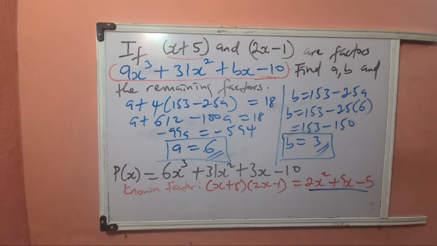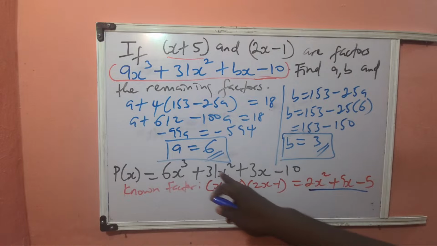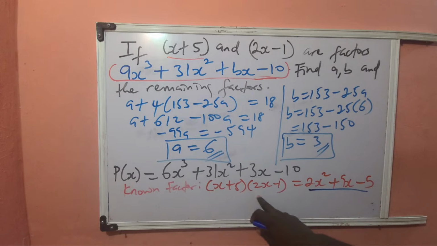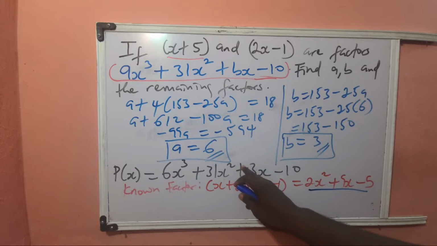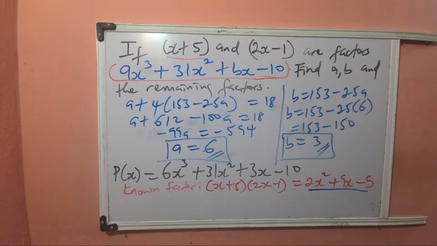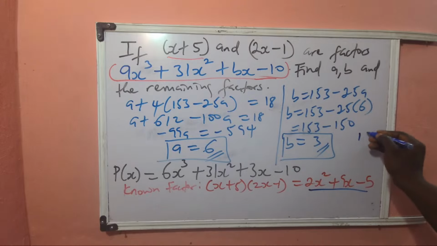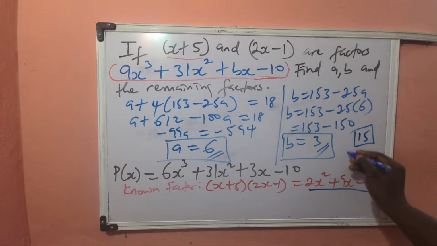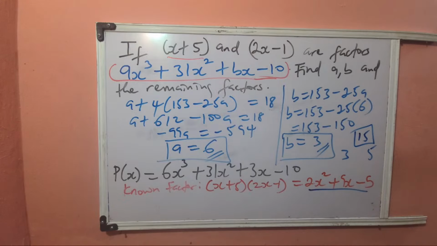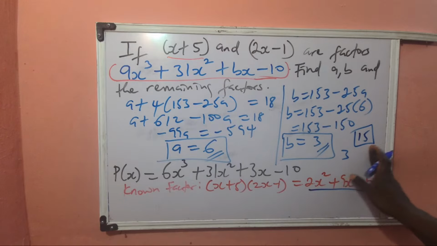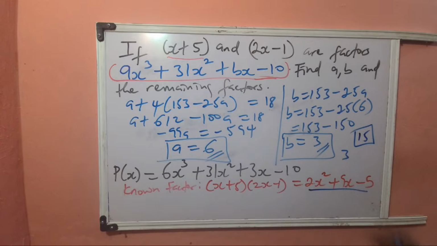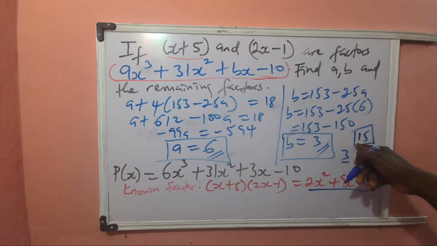Let me say that one more time. This is a polynomial. These are two of the factors of the polynomial. The meaning of factors is more like if you had 15. If I say give me factors of 15, I tell you 3 is a factor, I tell you 5 is a factor. If you told me that 3 was one of the factors of 15, and I want to get the other factor, all I will just say is 15 divided by 3.